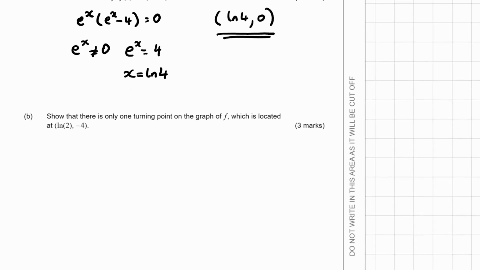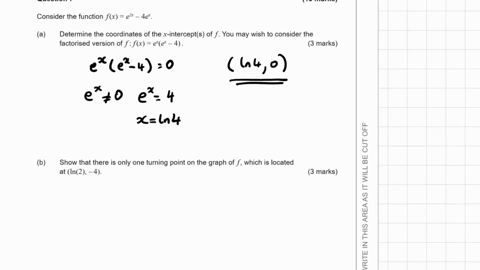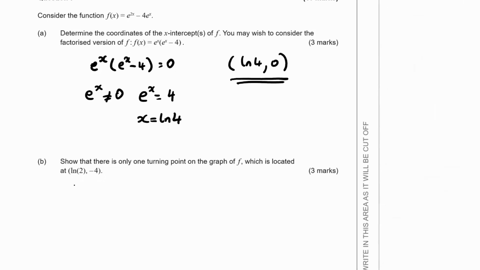Show there is only one turning point on the graph, which is located at ln 2, negative 4. Okay, so f dashed x would be 2e to the 2x, take away 4e to the x.